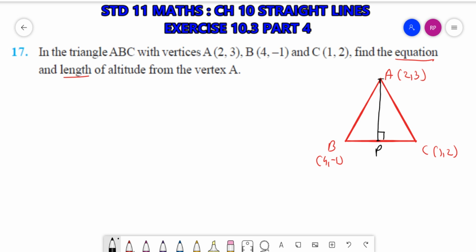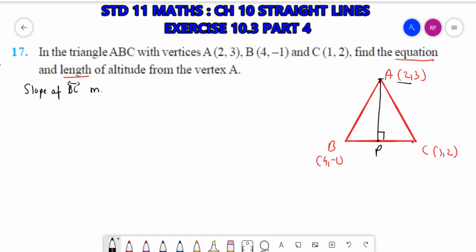For that I require two things, point and slope. Point I already have. So I only need to find out the slope of AP. So now we know that AP is perpendicular to BC. So if I can find out the slope of BC, I can easily find out the slope of AP. Now the slope of BC.